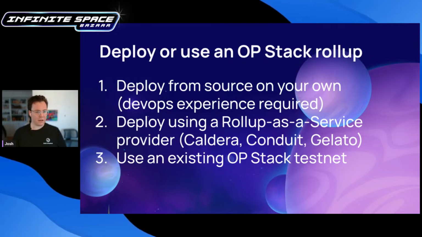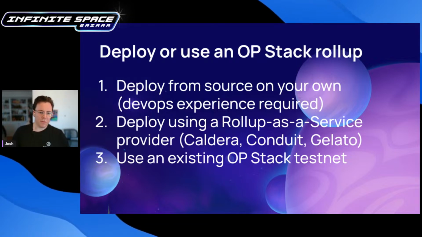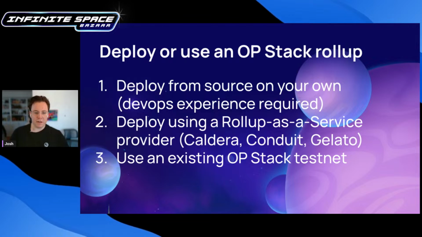There are 3 different ways to deploy or use an OP stack rollup. The first one would be to deploy from source on your own. I would note that you would definitely need some DevOps experience to do this.